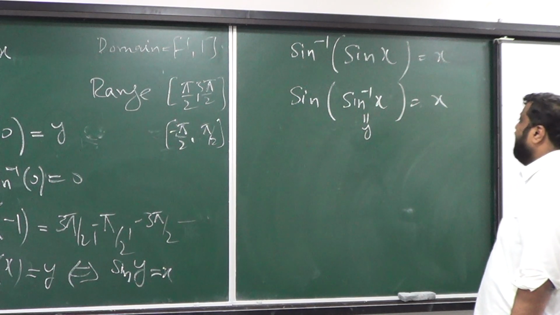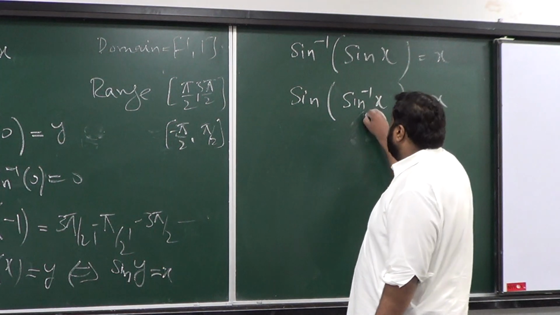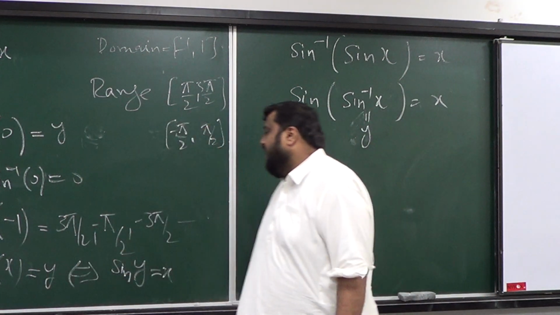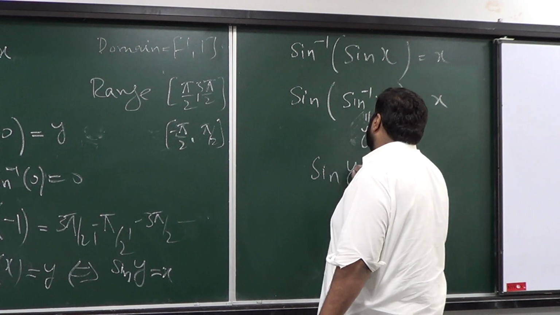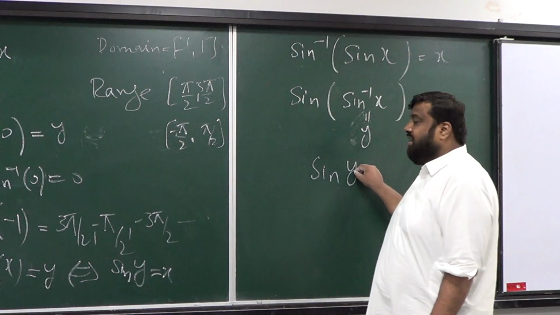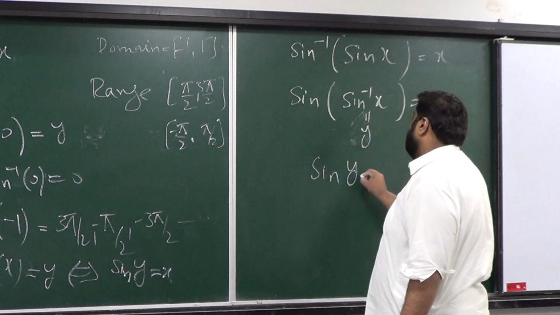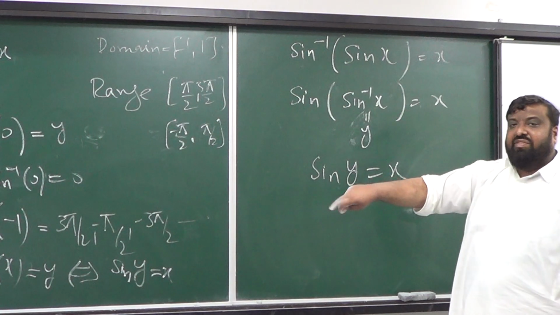So if you give this a name y, sine inverse of x is y, and then this expression becomes sine y. But sine y is really x, by the definition.